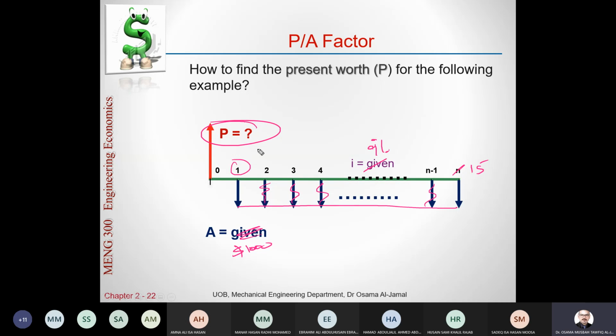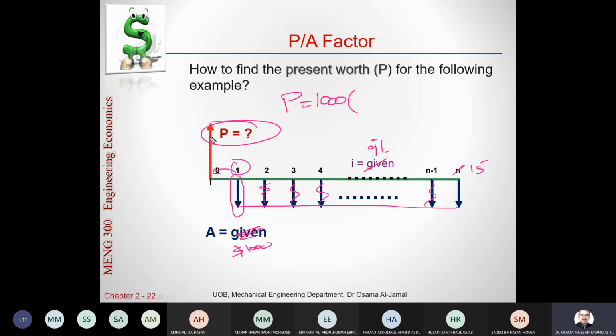So the P for it will be one to the left of the first cash flow of that annuity. Now to find the P, since we have it at time 0, one to the left of the first cash flow, P here will equal the annuity, direct substitution, 1,000.